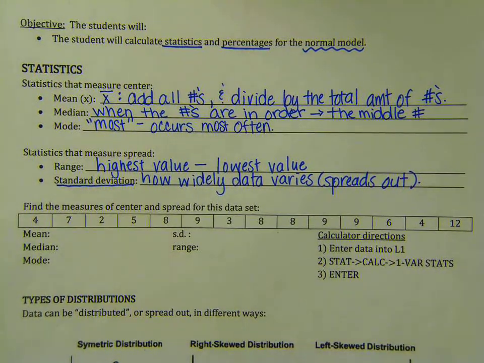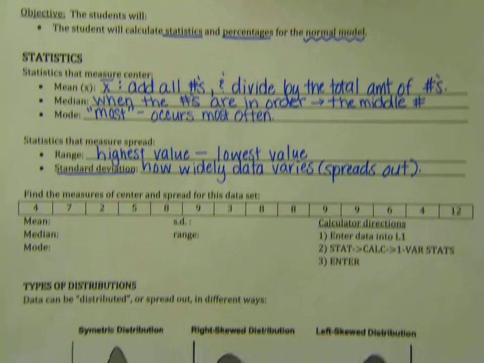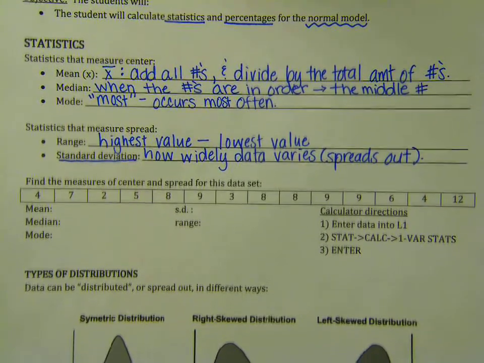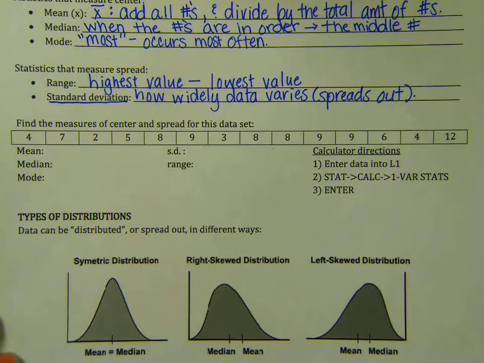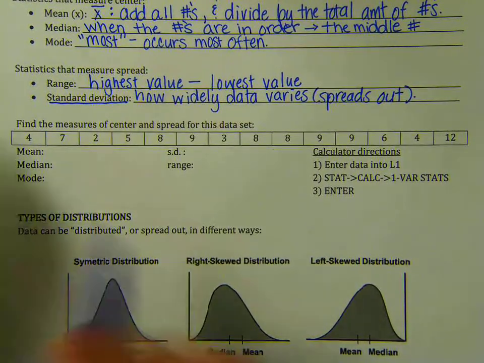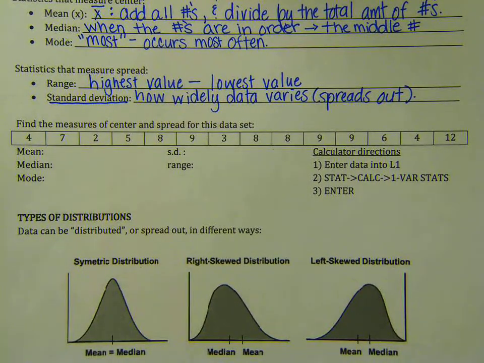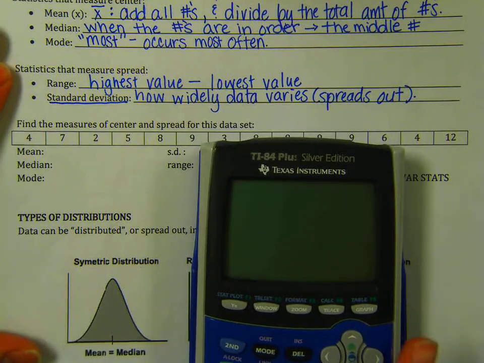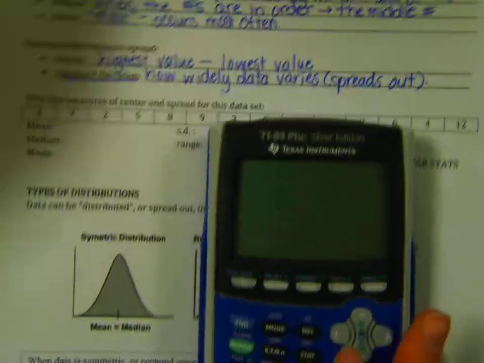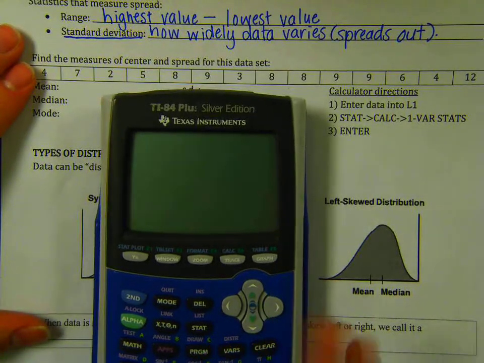Okay, so now that we have some basic understanding of the vocab, let's move on to actually looking at some of this data. So we have a whole bunch of data in our blocks here. And in these blocks, I'm going to use my calculator to get all of this information, as much as possible anyway. So I got my calculator, and I am going to follow the directions over here.